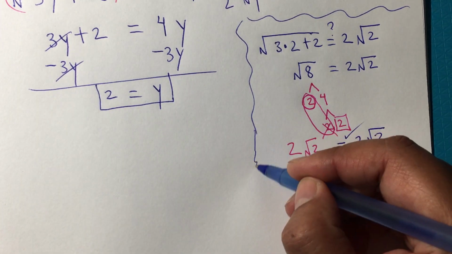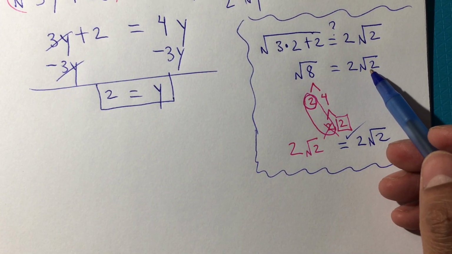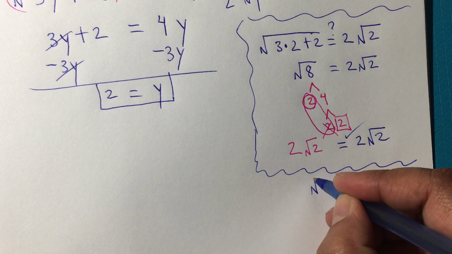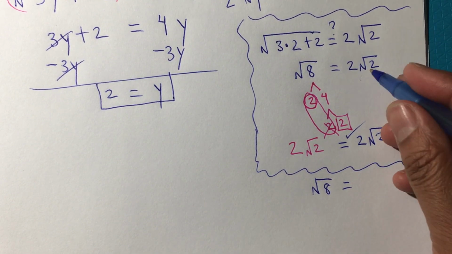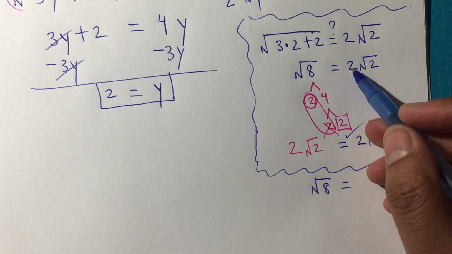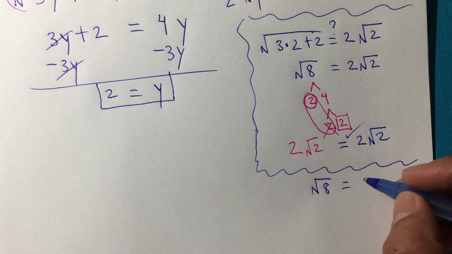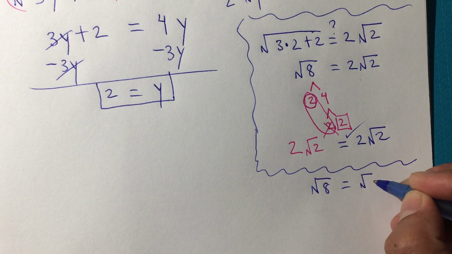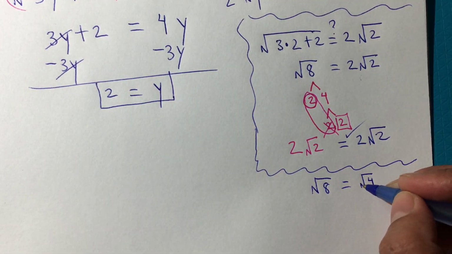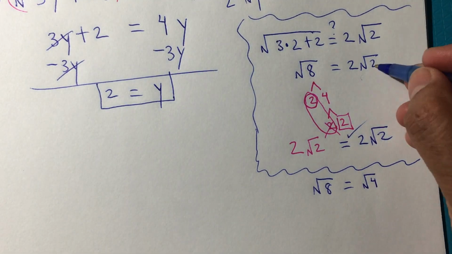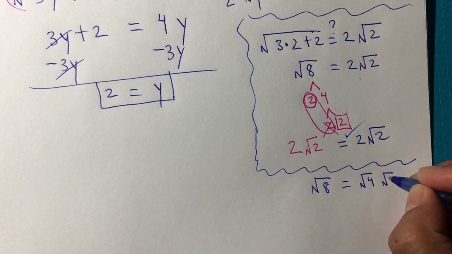No, I was going to leave it like that, but you know what? I think I want to go the other way. What if we decide, instead of simplifying, to make this into a square root? So we know that 2 is the same as the square root of 4. Right? Why? Because the square root of 4 is 2. And bring this down.